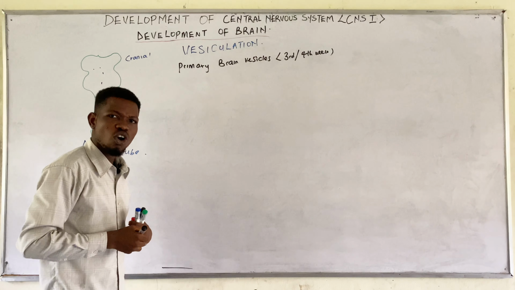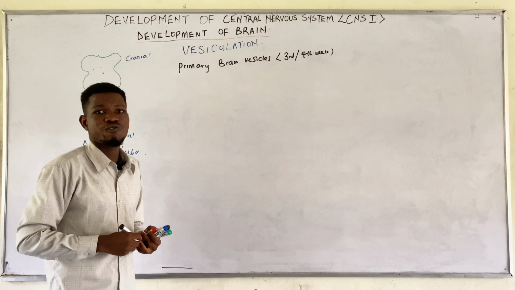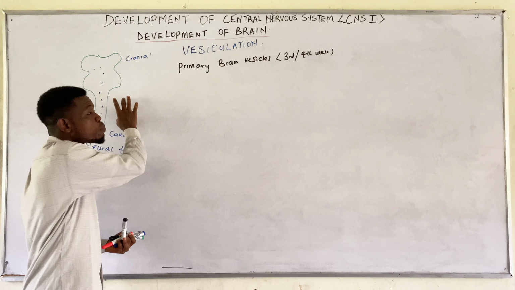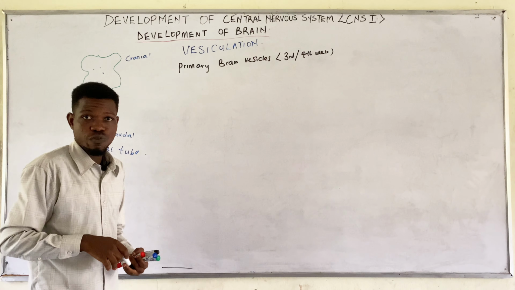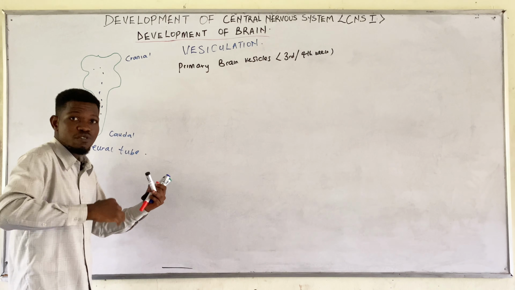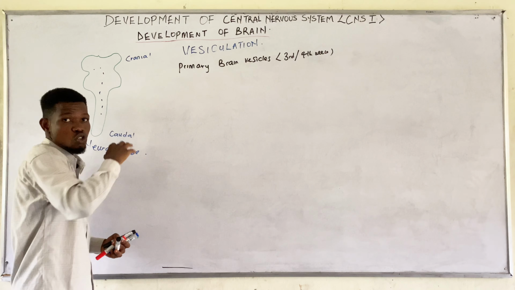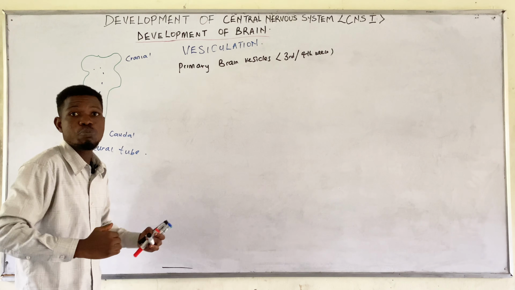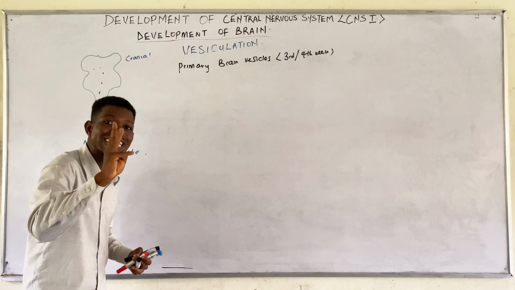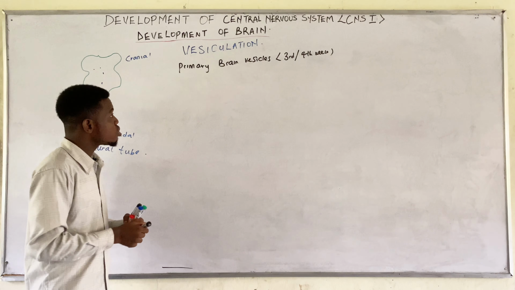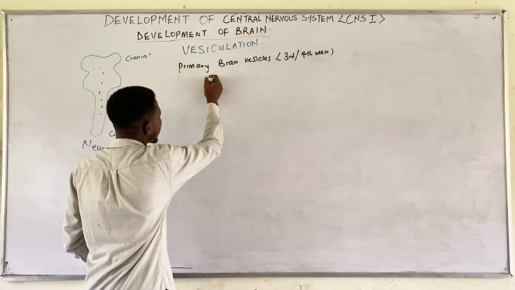Yes, around the end of the third week and the beginning of the fourth week, immediately after the formation of the neural tube. So how is the primary brain vesicle formed? The neuroepithelial cells proliferate, causing this edge to dilate, to swell, to bulge. And the primary brain vesicles that are formed are 3 in number. These are the brain vesicles here.